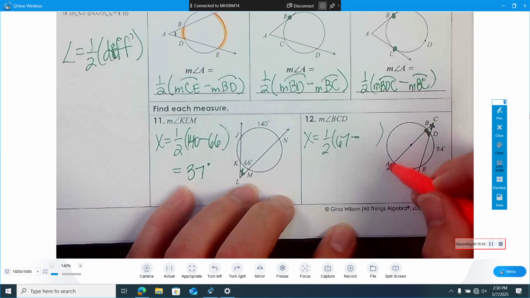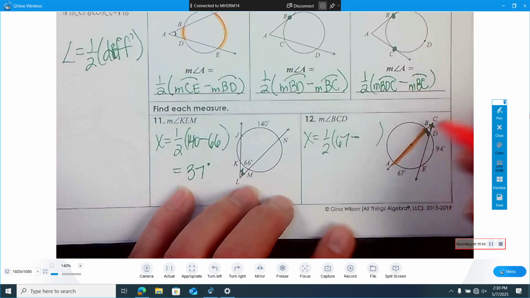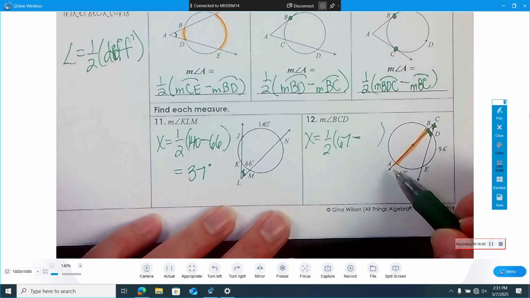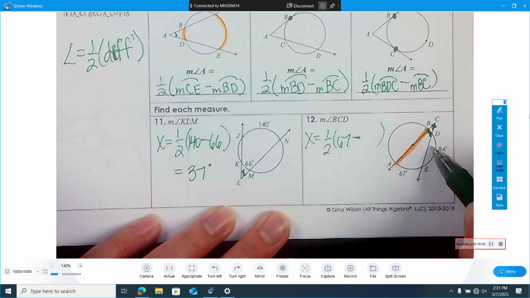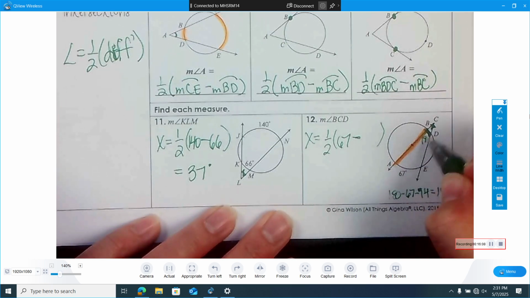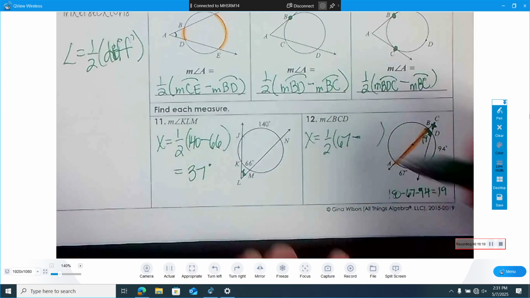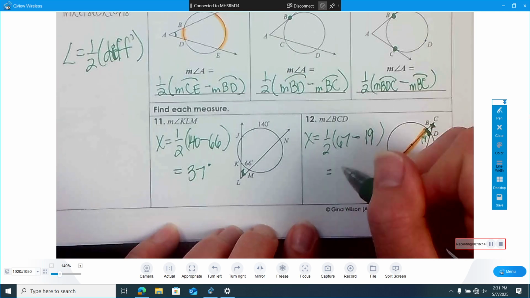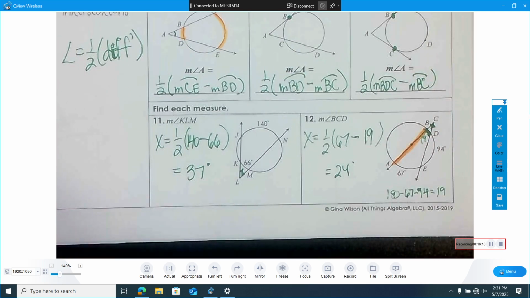Okay, good. So you saw the diameter. Remember, we pay attention to diameters. Those are very useful. There's 180 degrees in that semicircle. So 180 minus 67 minus 94 equals 19 degrees. So that little arc mark is 19. And half of 67 minus 19 is 24 degrees.